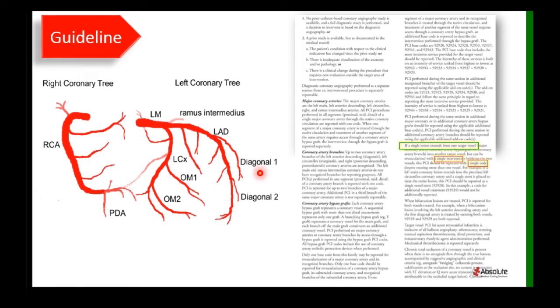Well, the doctor would place the stent in both the left anterior descending and the diagonal branch. And you know what? You would just use one code and one modifier. Remember, the branches don't have modifiers, only the major coronary vessels.